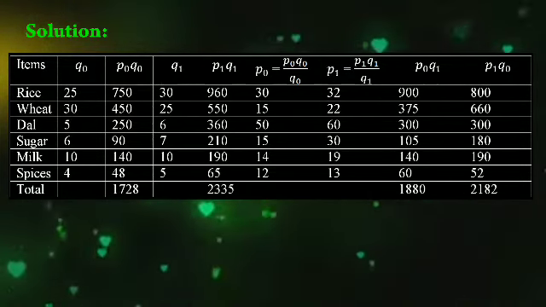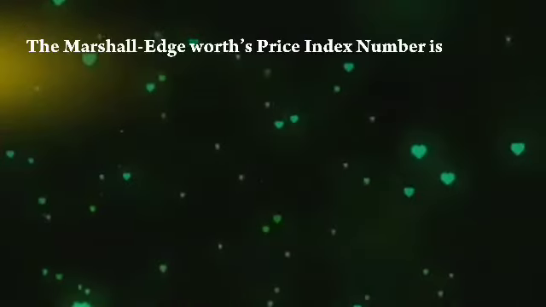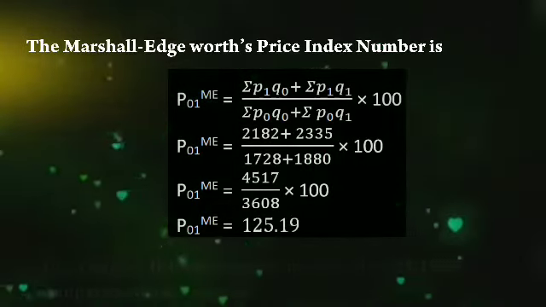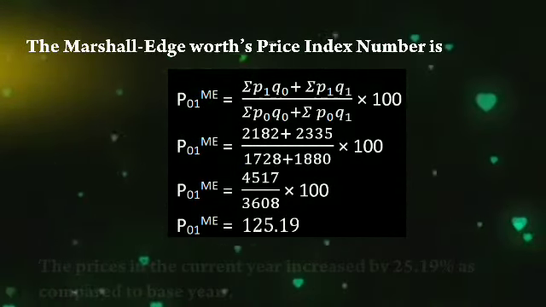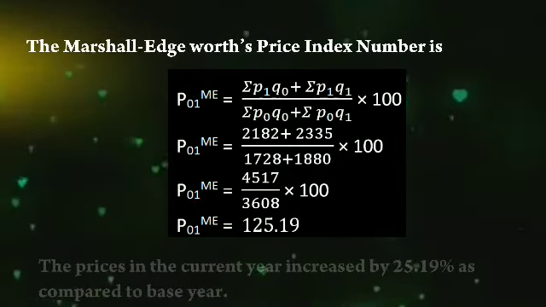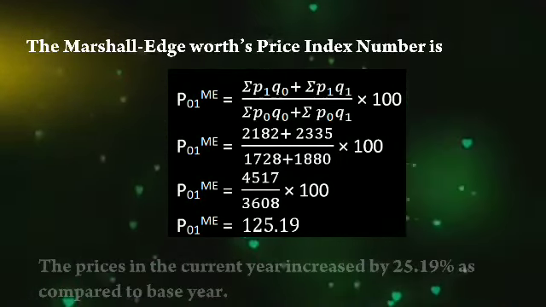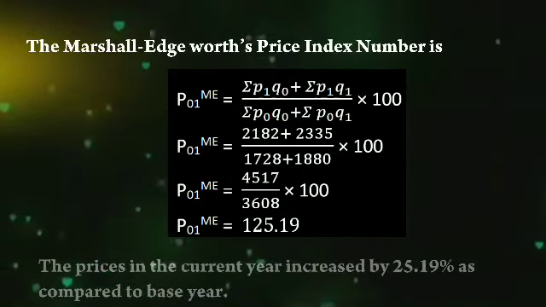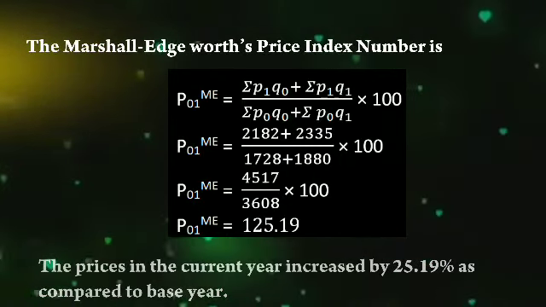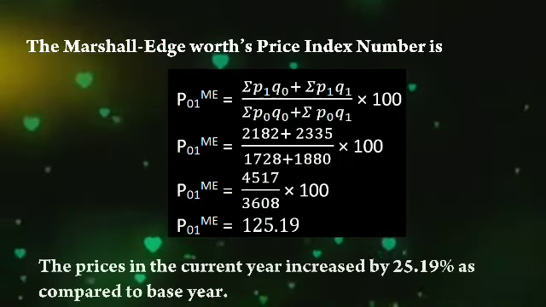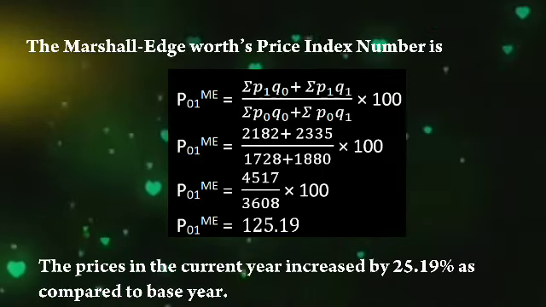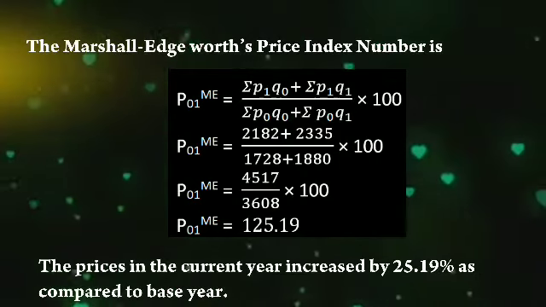So first find Marshall-Edgeworth index number. The Marshall-Edgeworth's price index number is P01 of ME equal to sigma P1 Q0 plus sigma P1 Q1 divided by sigma P0 Q0 plus sigma P0 Q1, which is multiplied by 100. After that, substitute in the formula, that is equal to 2182 plus 2335 divided by 1728 plus 1880, which is multiplied by 100.